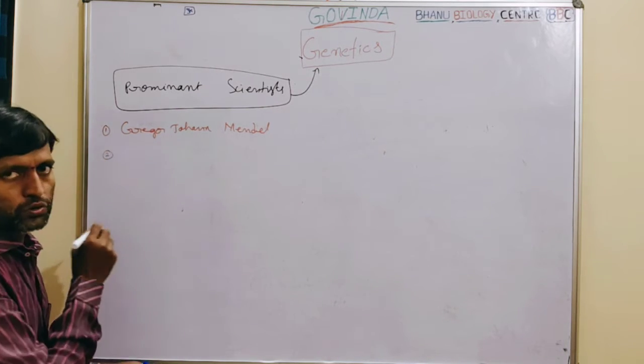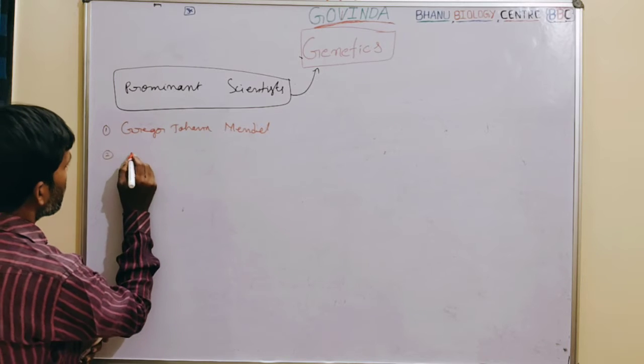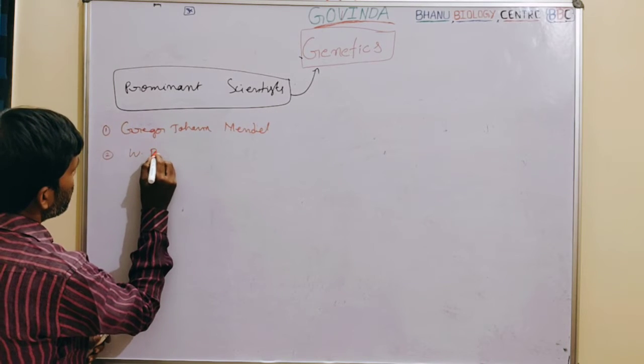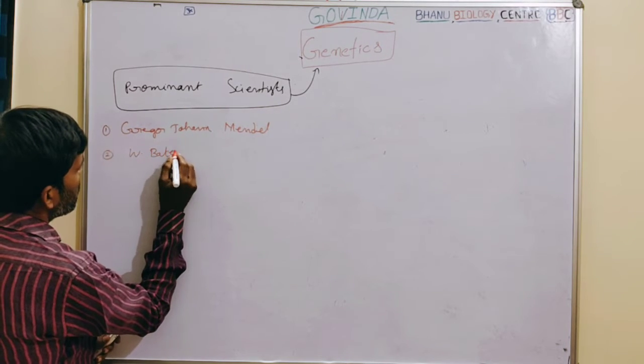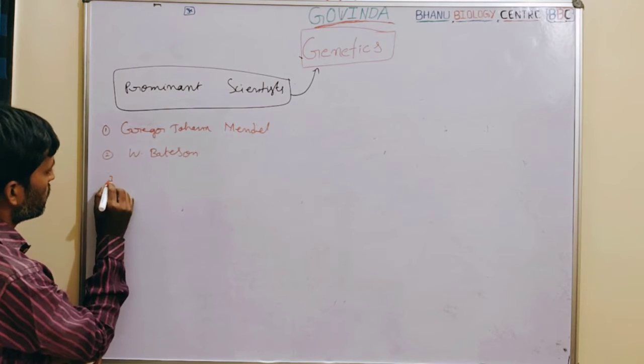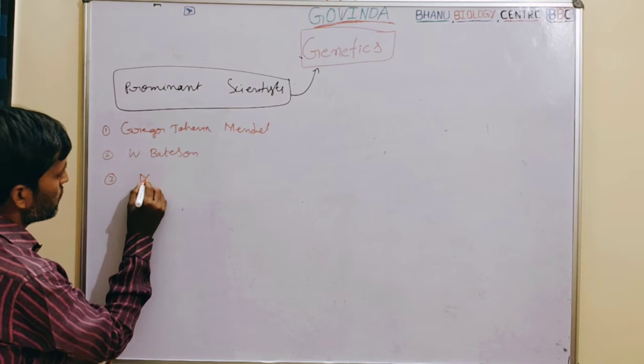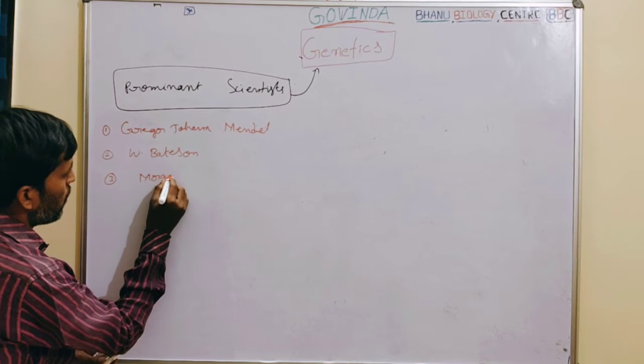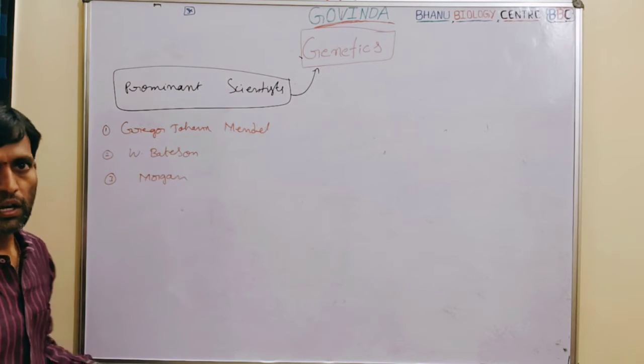The second person is W. Bateson. The third person is Thomas Hunt Morgan.